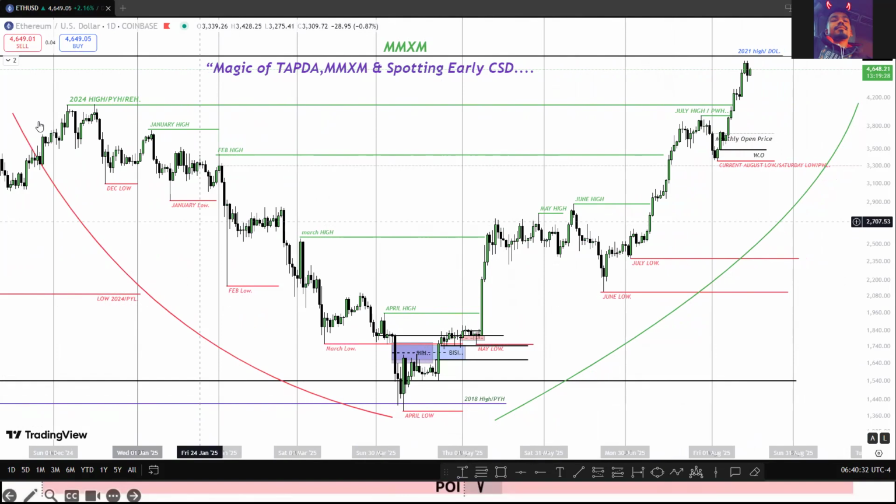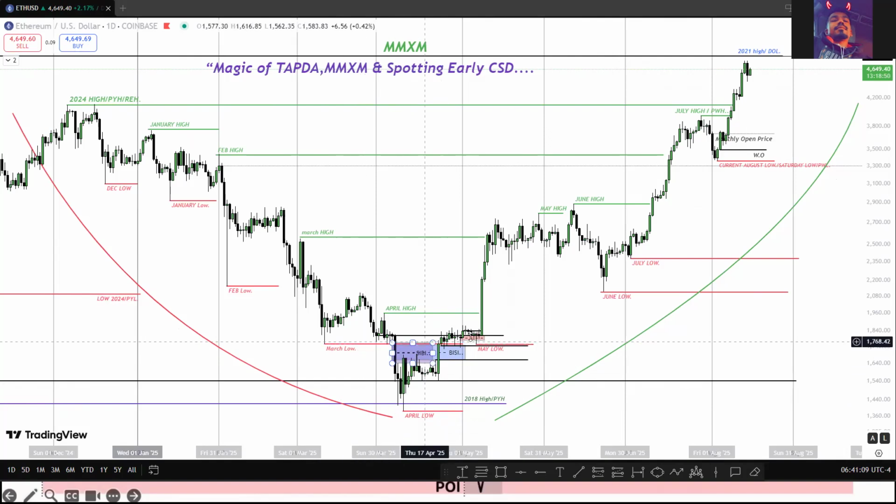Now, as we confirm this was in a sell program, how do we confirm there is going to be a market structure shift? The moment we traded into our higher time frame point of interest and closed above the previous cycle low, listen carefully guys, this is really an early sign of smart money reversal.